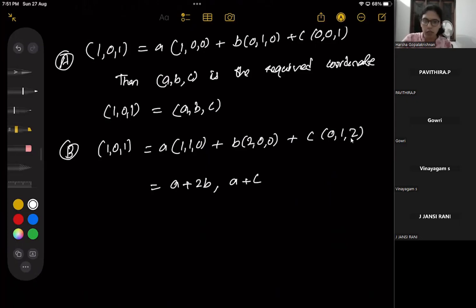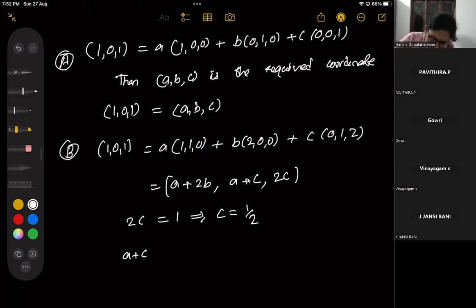Now we can equate the left and right side. Here we have only one C variable, 2C. So 2C equal to 1 implies C equal to 1 by 2. Next we will equate A plus C, which is equal to 0, so A equal to minus C, which is minus half.